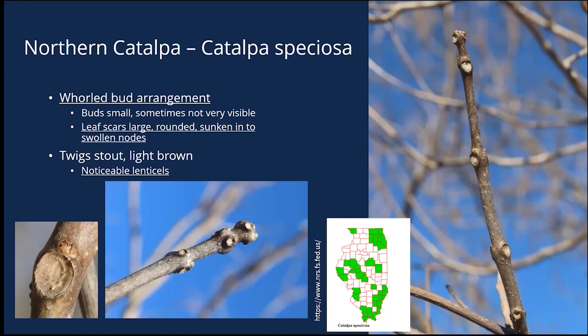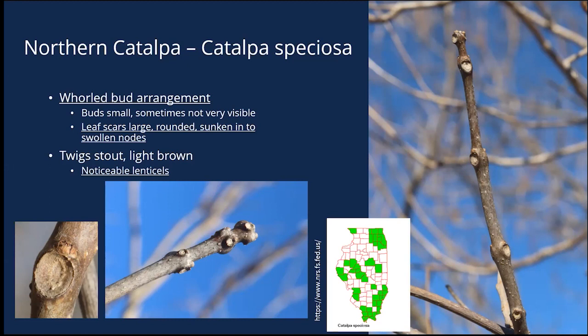That's Catalpa. That's the one that falls into this category. With the caveat that many times you will only see opposite. So you'll just have 2 buds at a time. But as long as you look around and pay attention, look at multiple twigs, you're usually going to find that whorled arrangement. As often or more often, you'll find opposite.